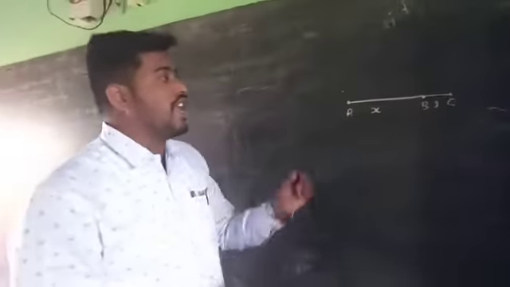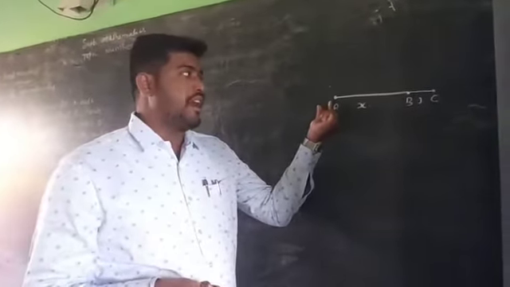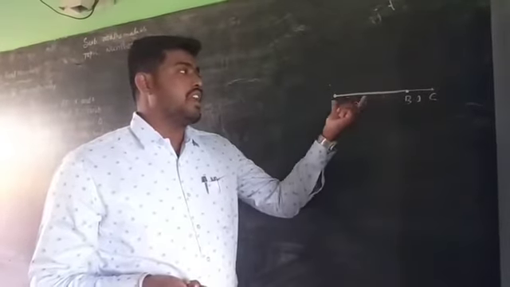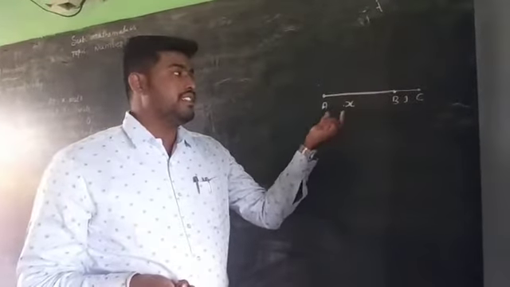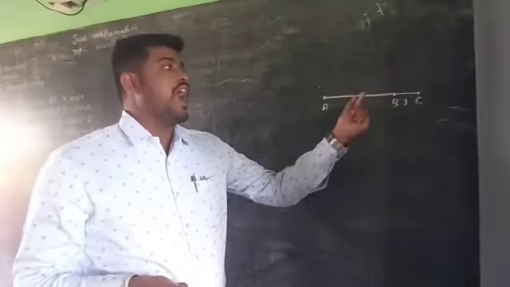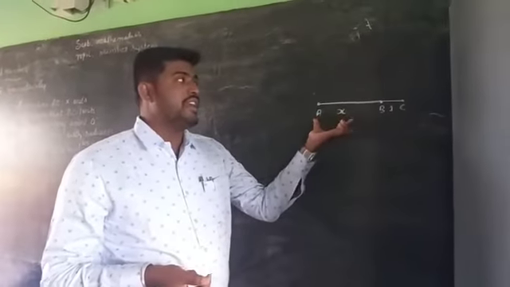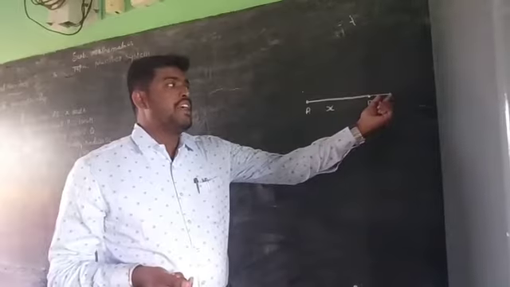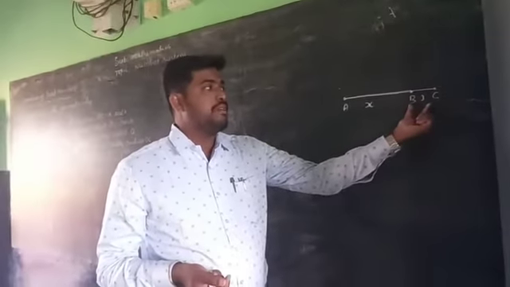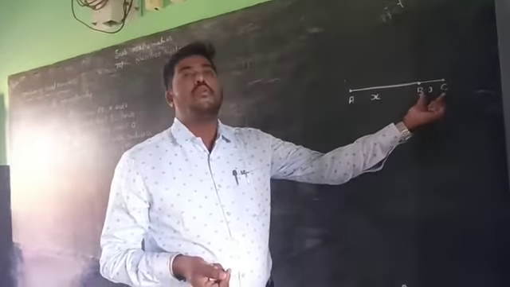So first we take any point and draw the line AB. The distance is x, and next the line AB is extended to point C. The distance BC is 1 unit.